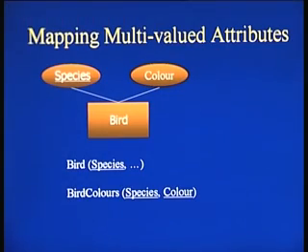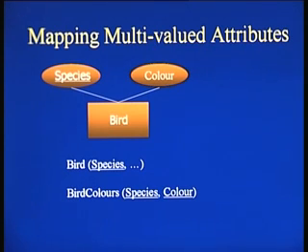So in order to translate multi-valued attributes, take a look at the lower half of the slide, which shows two different relations which make up this translation. The first relation is called bird, with species as the primary key and all other attributes of the entity type bird except the color attribute. And then a separate relation is created called bird colors, where species and color are both included and together define the key of bird colors.